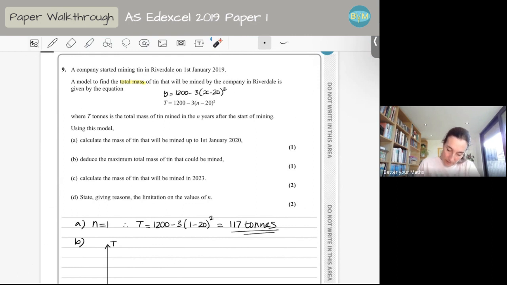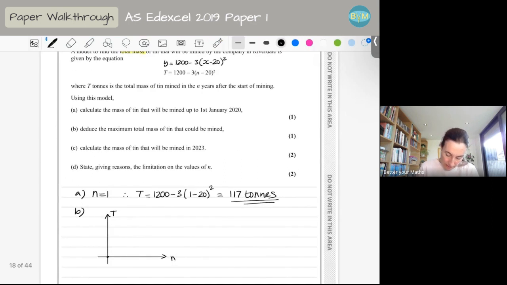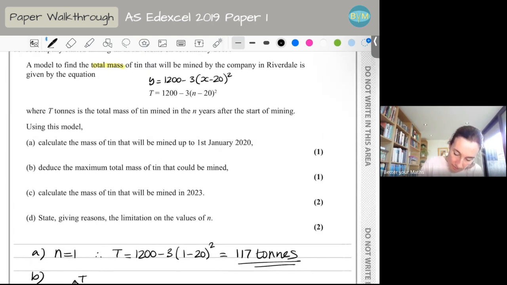I have one root at 0, so one root is (0, 0), and for the other root I can expand the bracket. I think it's going to be easier to see.